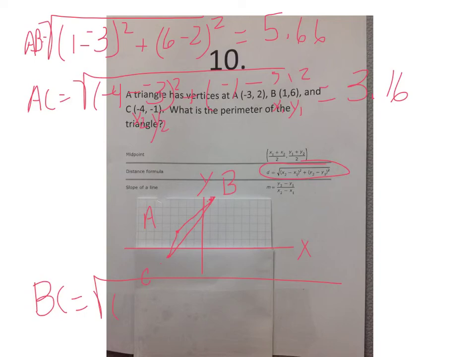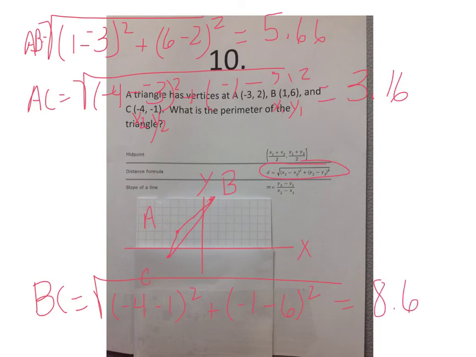So x2 is negative 4 minus x1 is 1 squared plus y2 is negative 1 minus y1 is 6 squared. And when we plug that into our calculator, the square root of negative 4 minus 1 squared plus negative 1 minus 6 squared, and we hit enter, we get 8.6.